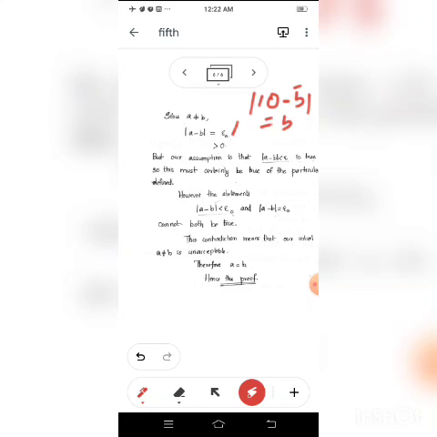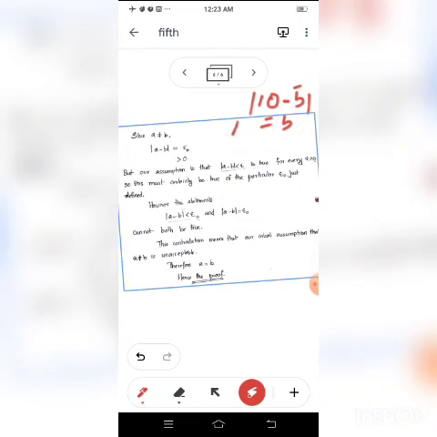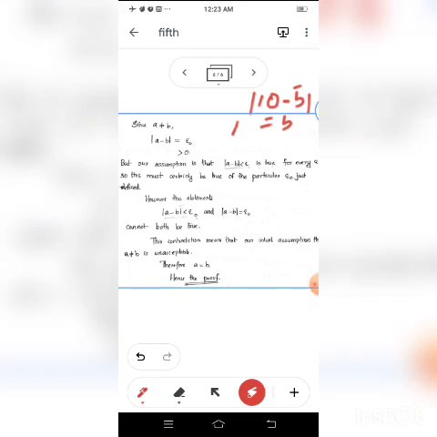These two statements are not possible together. We assumed that a not equal to b, and we proved that modulus of a minus b greater than 0. And here we assume from the statement that modulus of a minus b less than epsilon is true for every epsilon greater than 0. So this must certainly be true for this particular epsilon naught.